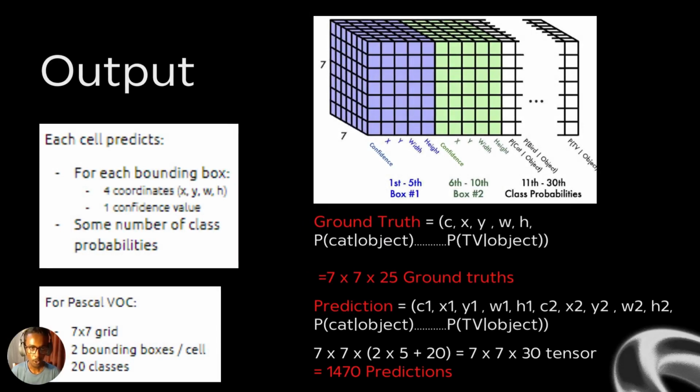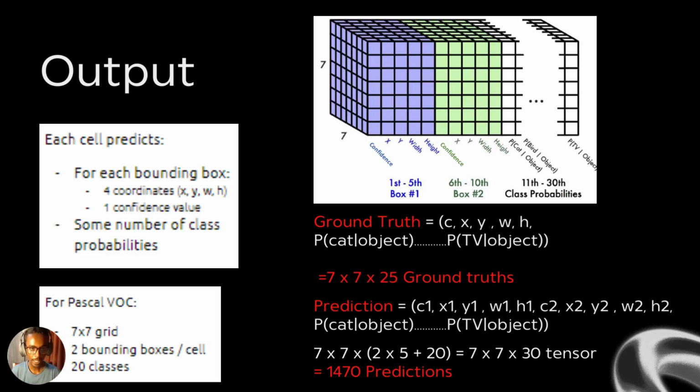So for the output of our YOLO model for a 7x7 grid, for the ground truth labels, we're going to have a class prediction given as C, and X, Y, W, and H, the 4 coordinates representing the center of the object and the width and the height of the ground truth bounding box. And then we're going to have the class predictions and the confidence score in addition to the 4 coordinates.